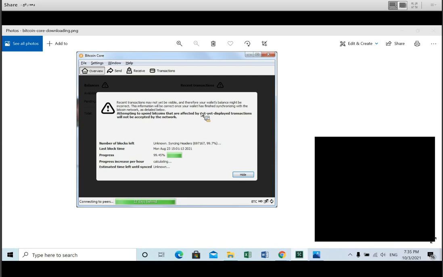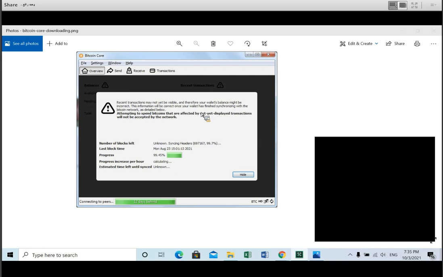For miners, there are some other programs, some special hardware and software. It's impossible to mine with current computers.